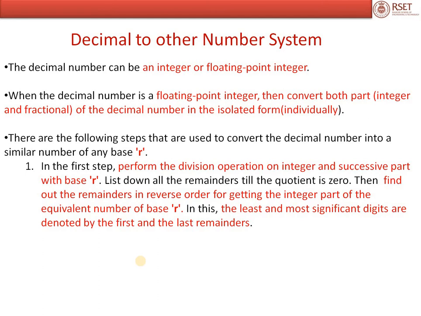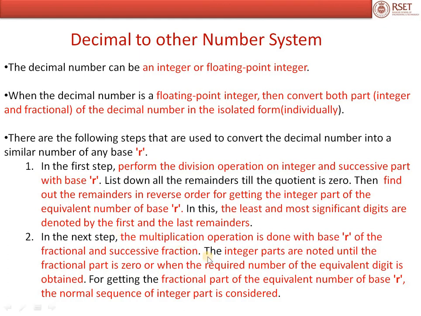The first step is to perform the division operation on the integer and successive quotients with base r. List down all the remainders till the quotient is 0. Then write the remainders in reverse order for getting the integer part of the equivalent number of base r. In this, the least and most significant digits are denoted by the first and the last remainder.